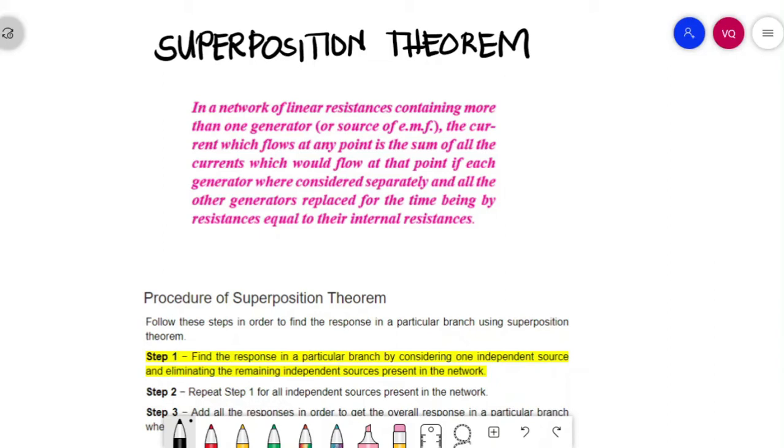At the end we superimpose the two currents combining step 1 and step 2. Okay, so the procedures of the superposition theorem.